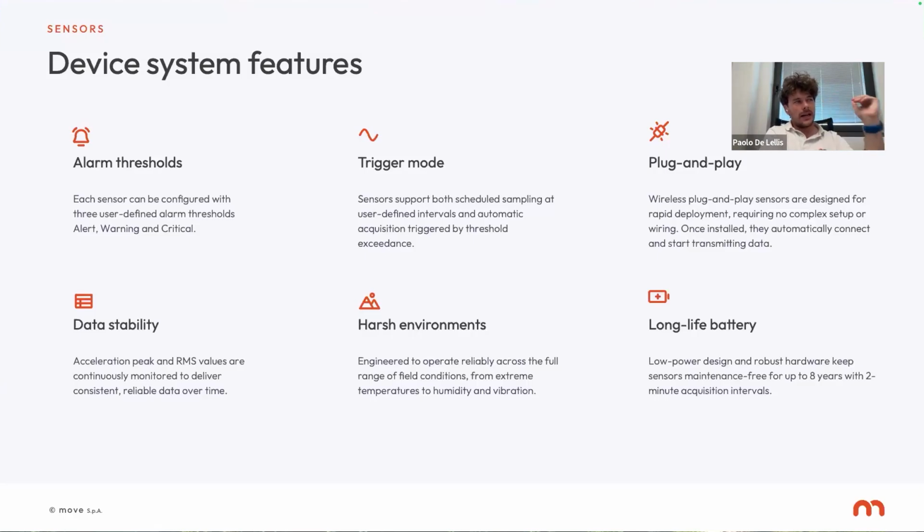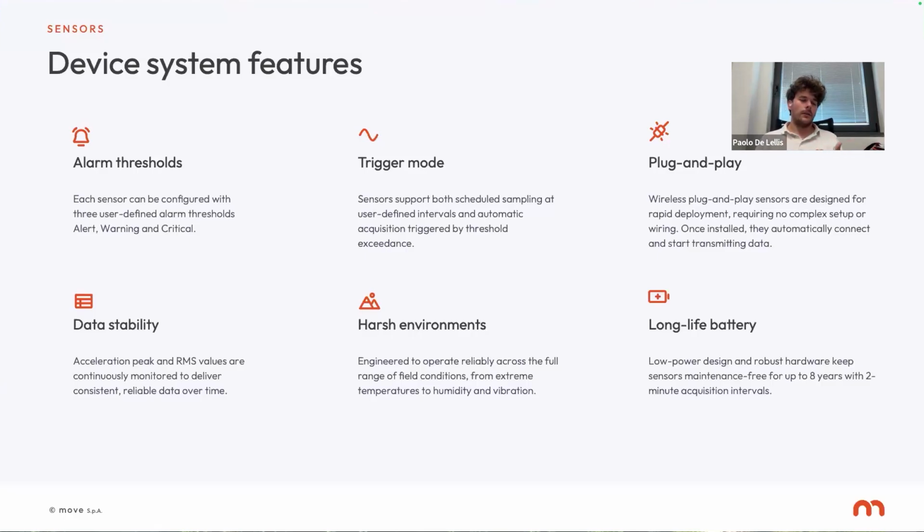But I want to highlight the data stability of the sensor. It's not a simple tiltmeter that gives you inclination, so angles, phi and theta angles, and the temperature, but it also gives you two other important parameters, the acceleration peak and the RMS.